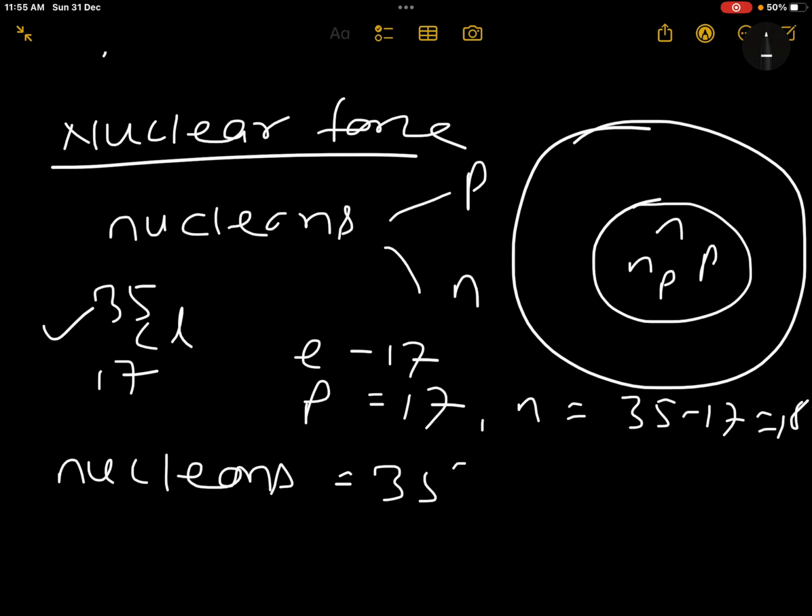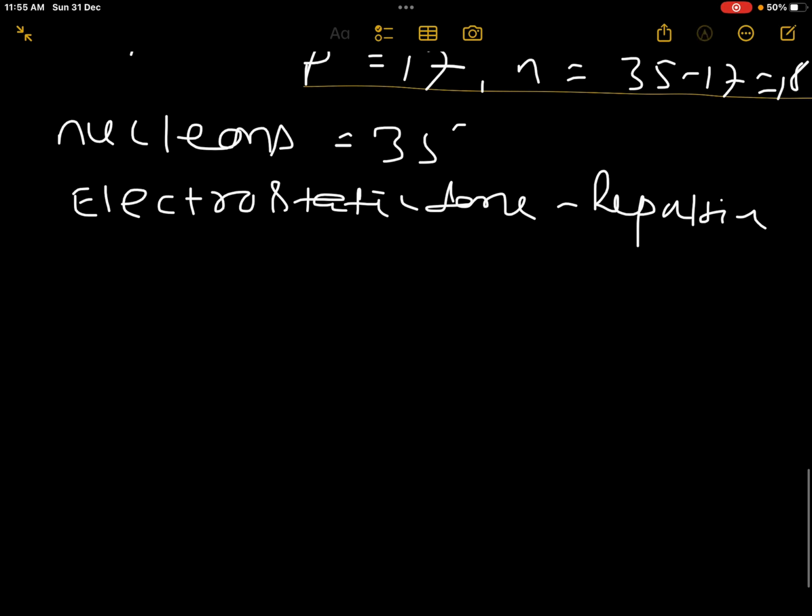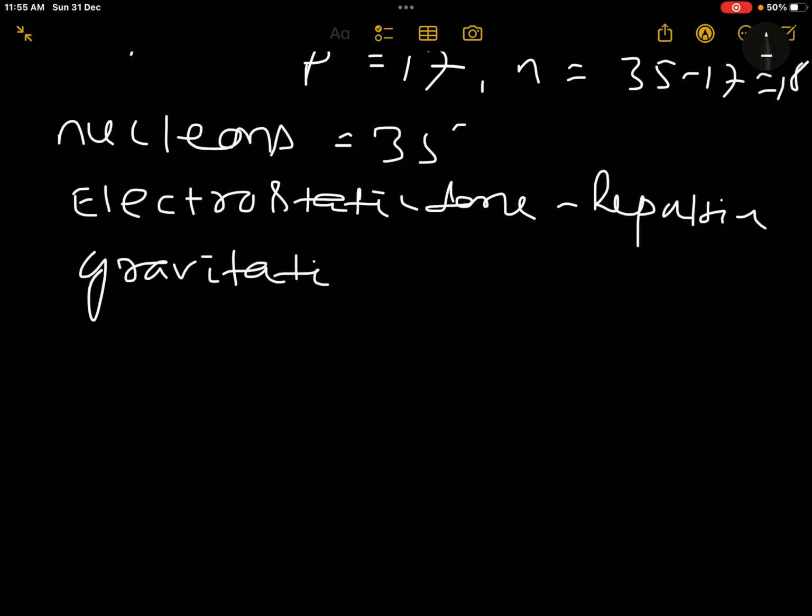Okay. Now, in between them, three types of forces act: gravitational force, electrostatic force, and nuclear force. Electrostatic force is repulsive. Gravitational force is attractive. It is observed that the electrostatic force is dominating.